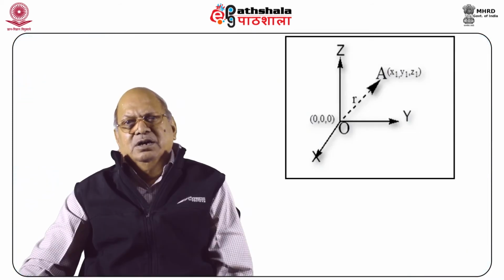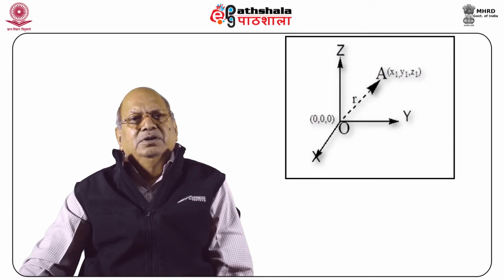Consider the vector r, whose base lies at the origin 0, 0, 0 of the Cartesian coordinate system, and whose arrowhead is at the general point A, that is x1, y1, z1, as shown. Since the base of the vector is at the origin and is not changed by any of the symmetry operations, only the head of the arrow will be considered.